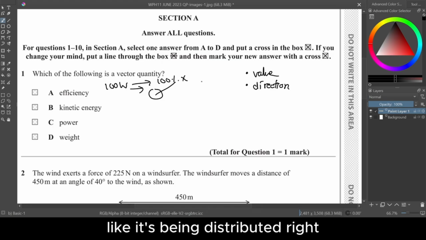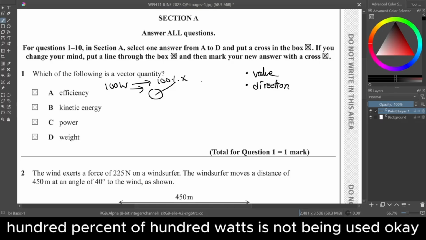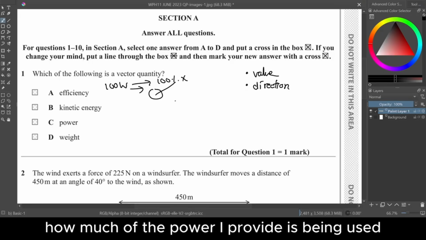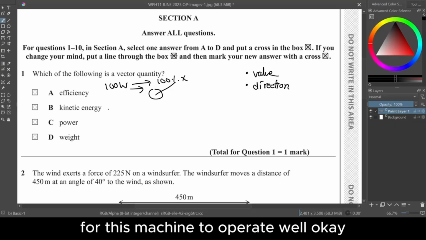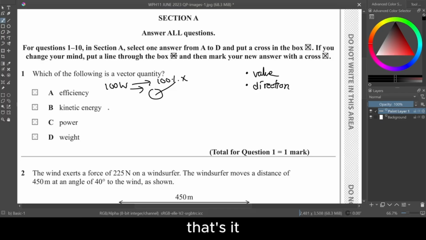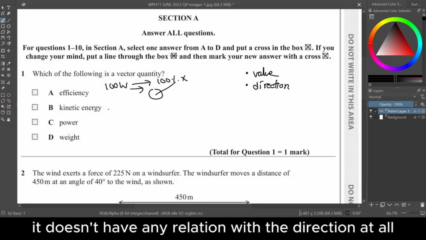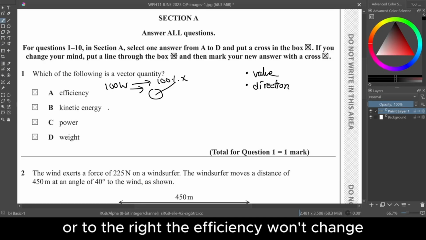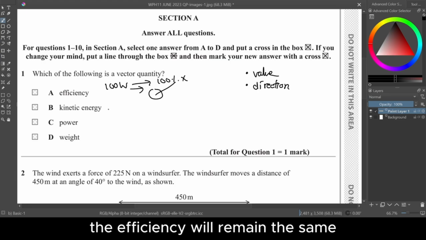Like it's being distributed, right? 100% of the 100 watts is not being used, okay? So we use the efficiency formula to calculate how much of the power I provide is being used for this machine to operate well, okay? That's it. It doesn't have any relation with direction at all. Even if you move the machine a little bit to the left or to the right, the efficiency won't change.